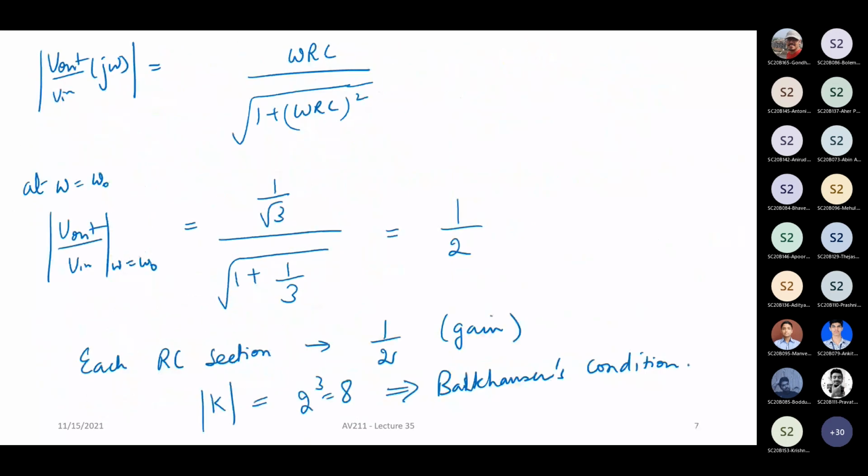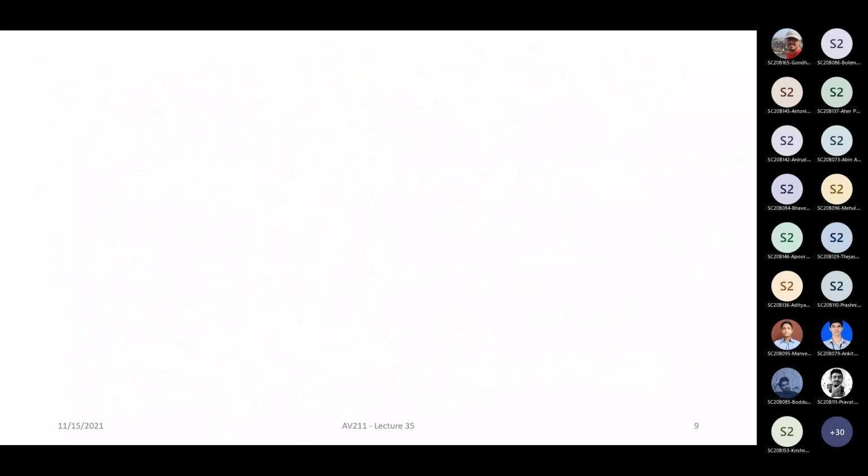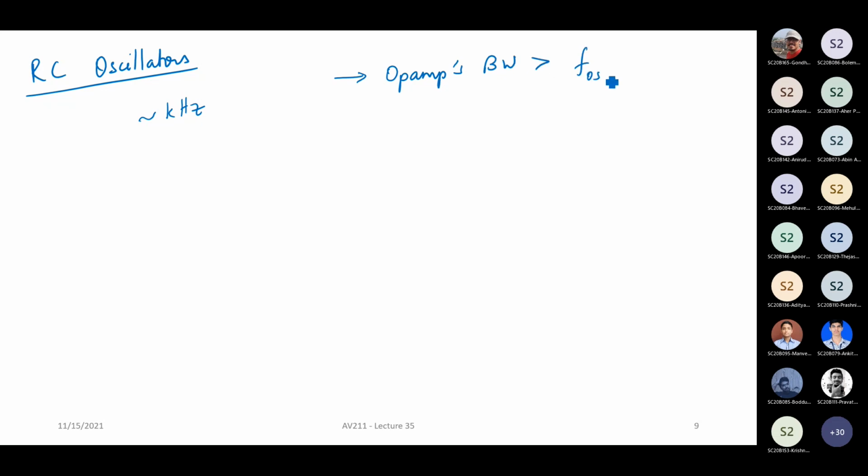Okay, good. So in all these circuits, these RC oscillators, basically the Wien bridge oscillator and the RC phase shift oscillator, the point you should have in mind is that these oscillators work in the kilohertz range. The assumption here is that the op-amp's bandwidth is greater than the frequency of oscillation.